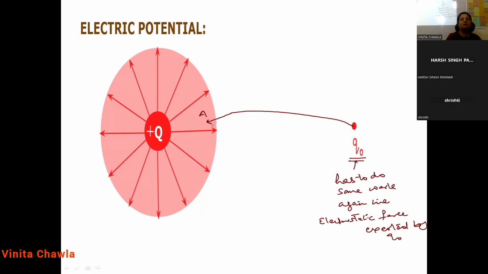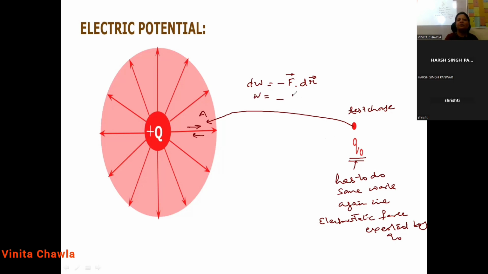So to maintain its position in the field of source charge, this test charge has to do some work against the electrostatic force. Yes. Okay. A small amount of work will be done by the test charge. Okay. So net work done is, and this is negative.